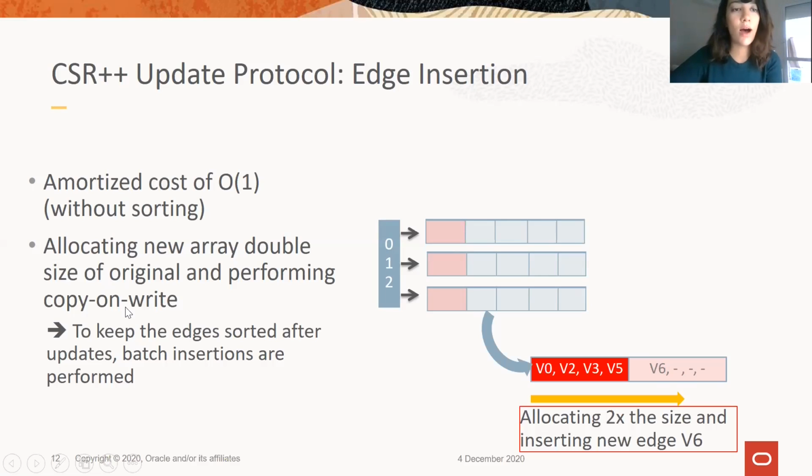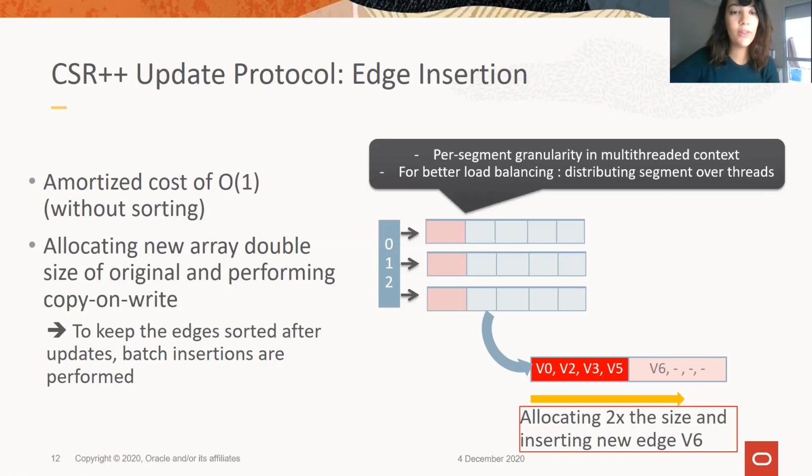We use the relocation method in C++, but this can be implemented in a smarter way, allowing for faster copy on write, faster relocation. For example, here we have four edges. In order to insert a new edge, we double the edge array, and we keep extra space for new incoming edges.